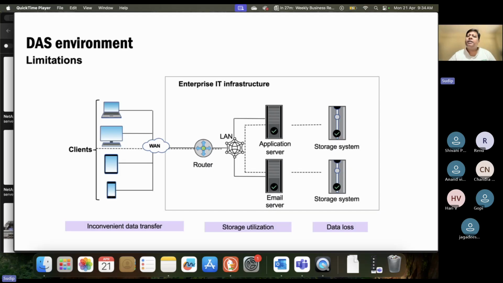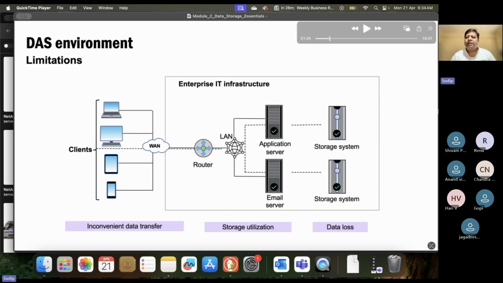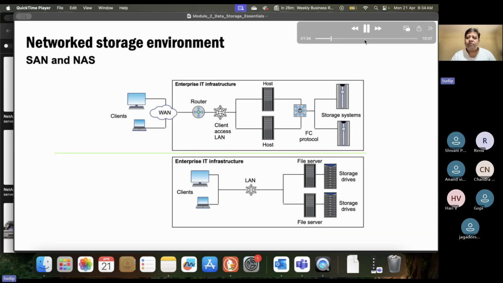If you are in direct attached, the chance of 100% data loss is higher. And because of these reasons, in today's world, rarely are you going to see any direct attached storage environments. Mostly you will see only shared storage or network storage environments.